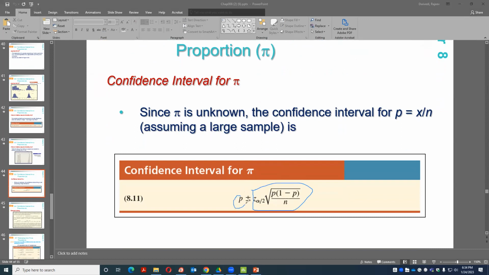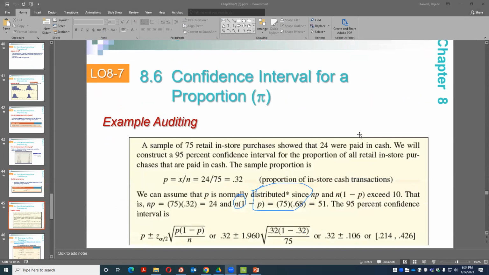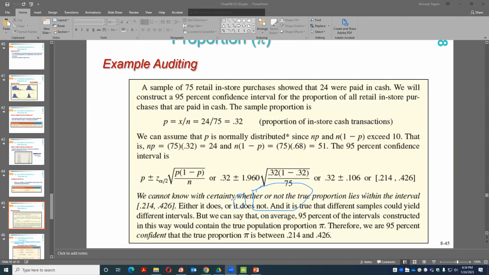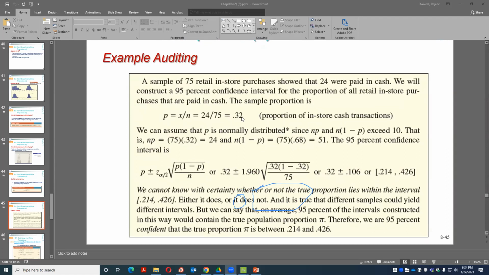This is proportion P, like 20%, 30%. The Z value remains the same, with the n value included. So directly Minitab gives us the value, and here you can clearly see this is 0.32.